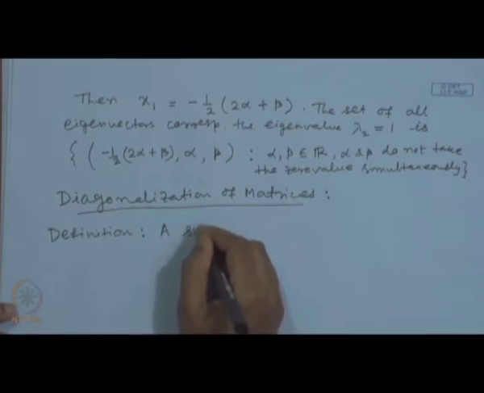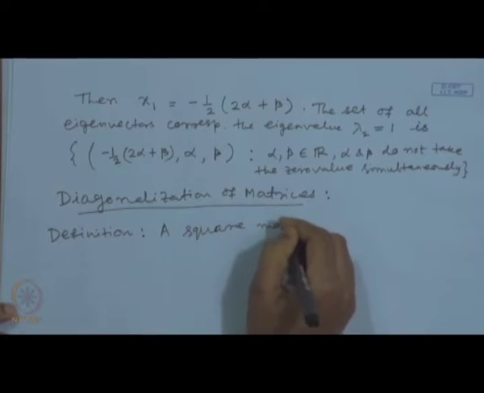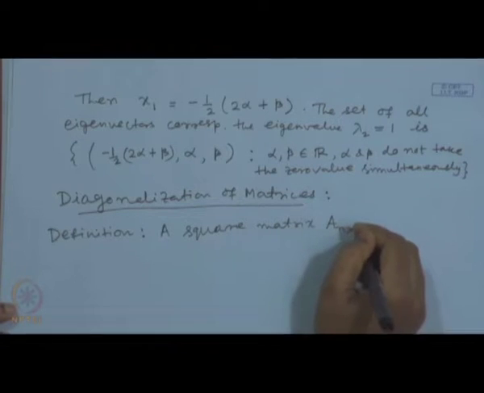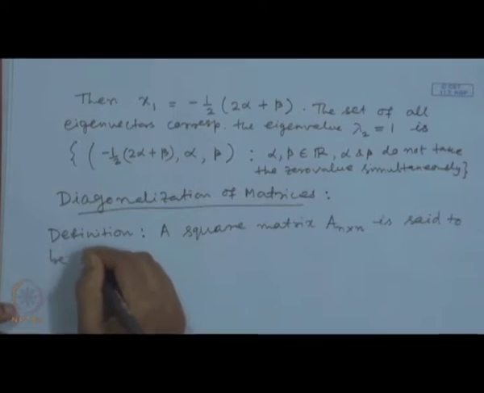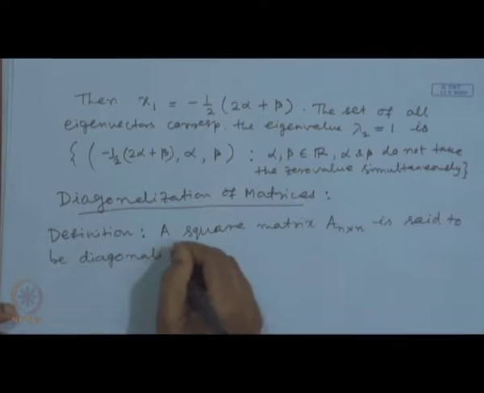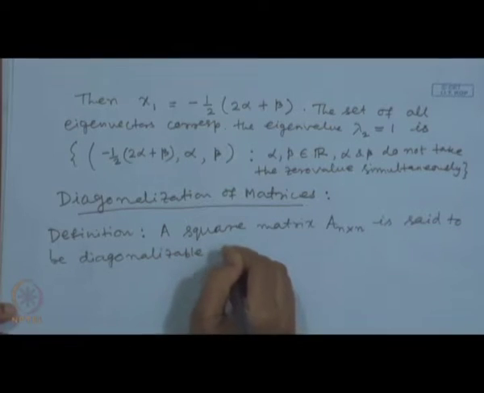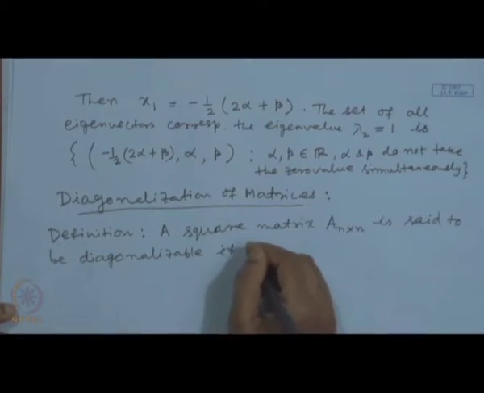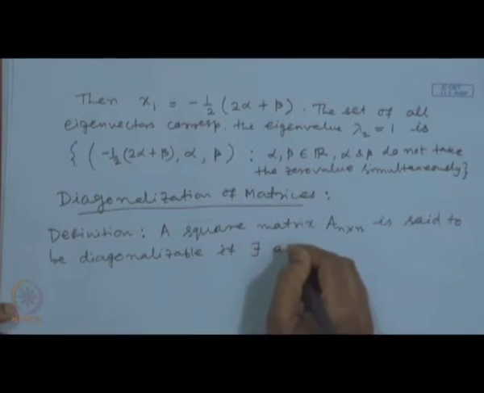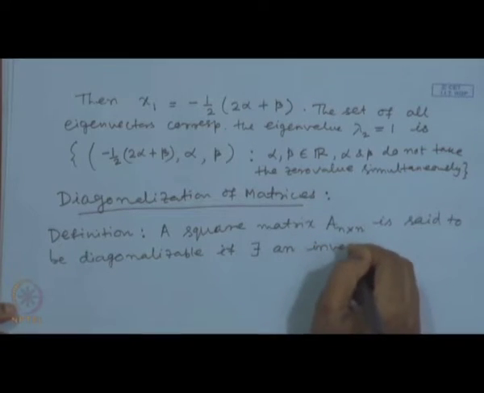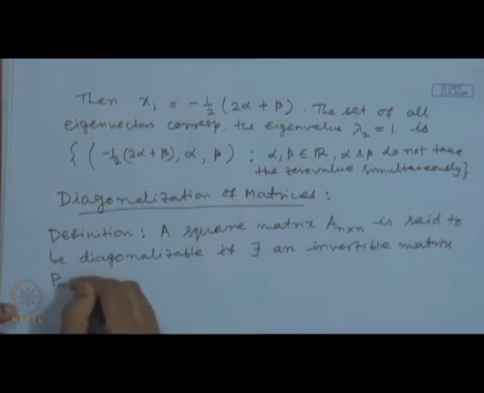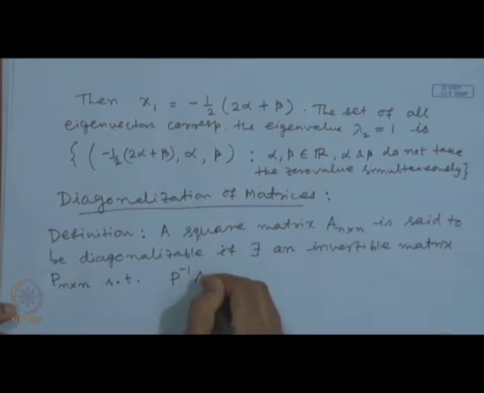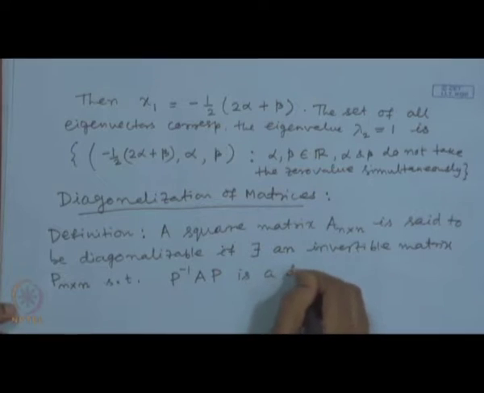A square matrix A of size n is said to be diagonalizable if there exists an invertible matrix P of size n by n, such that P inverse A P is a diagonal matrix.